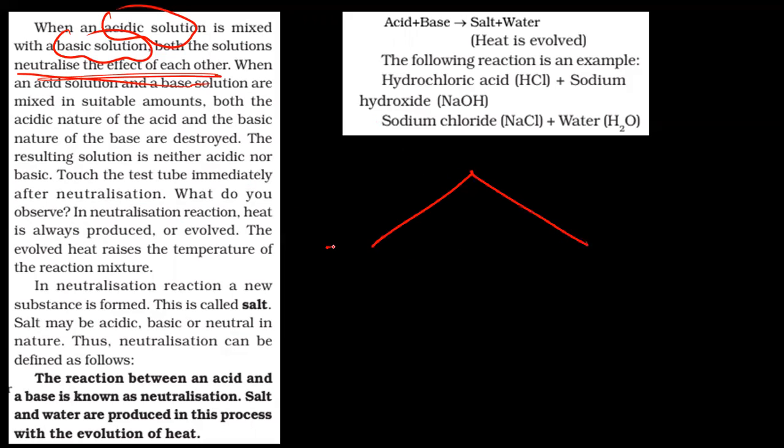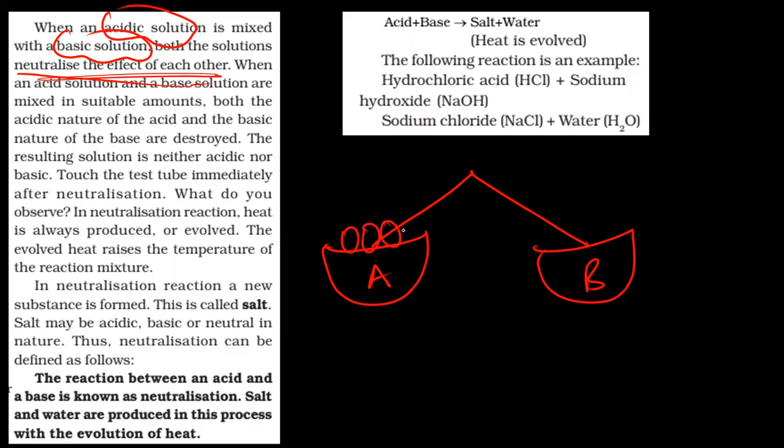You can take a weighing scale. This is acidic, this is basic. If I have, say, three balls here and three balls here, both are going to neutralize each other. So finally, the resultant solution is going to be neutral, but it is going to form a salt.